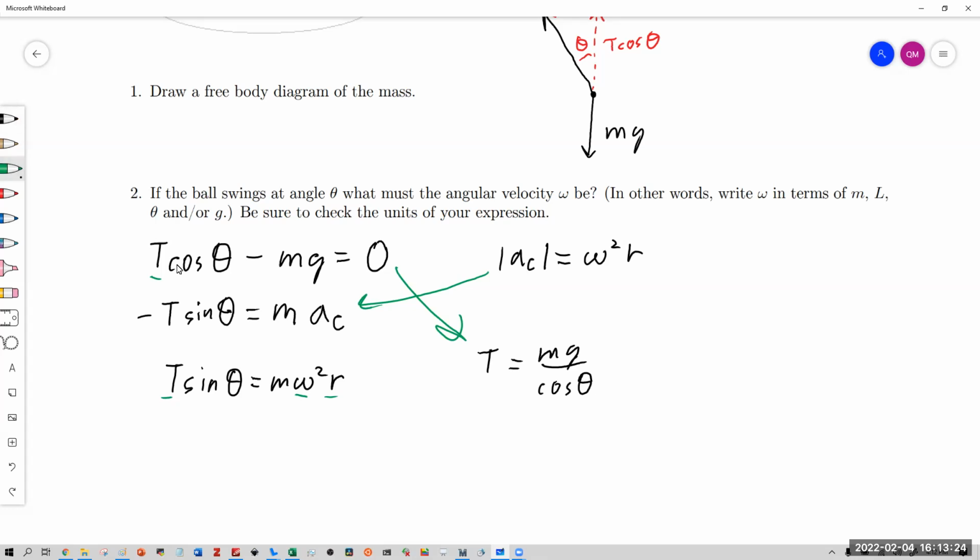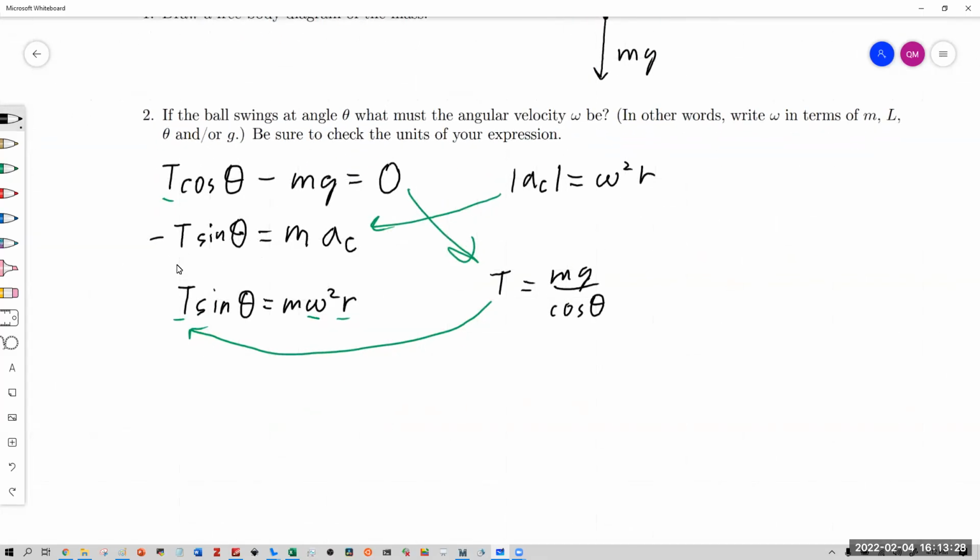I can then plug that in over there, and I would get mg over cosine theta times sine theta is equal to m omega squared r.